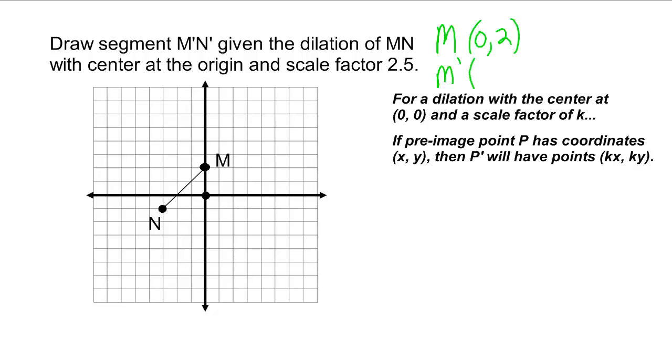M prime is going to be the scale factor 2.5 times the x value, and the scale factor 2.5 times the y value, which will equal 0, 5. That is right here. We'll have M prime.